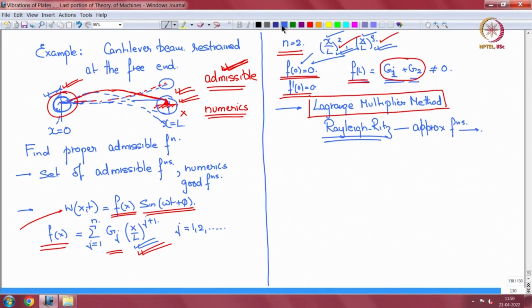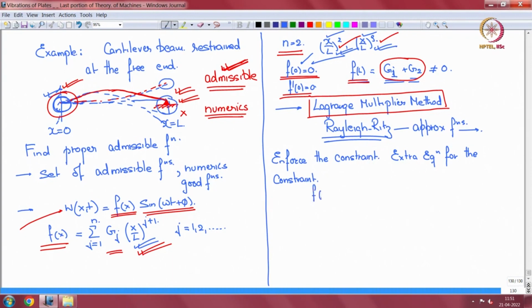So now what do we do? We have to enforce the constraint. So we get one extra equation for the constraint, which is what?